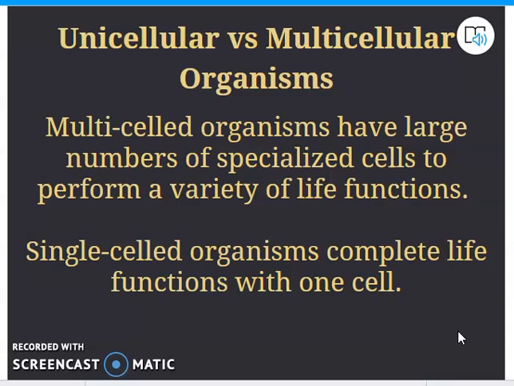If there's multiple types of cells, then you're looking at a multicellular organism. If there's only one cell, and there could be a bunch of unicellular organisms like in a drop of pond water, but if there's just one cell, that's unicellular. If you were looking inside of our body, you would see all sorts of different types of cells, and you would know that we are multicellular.